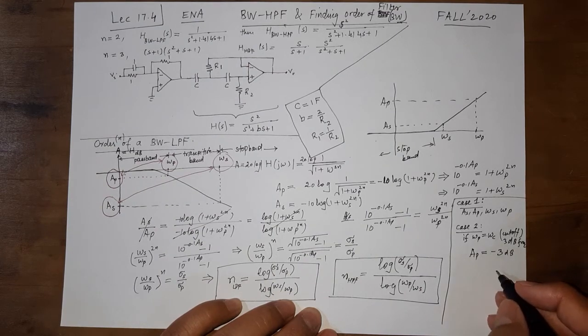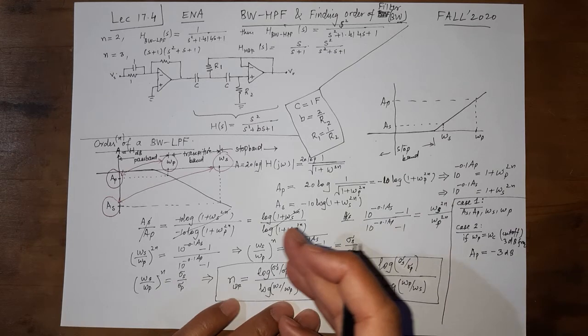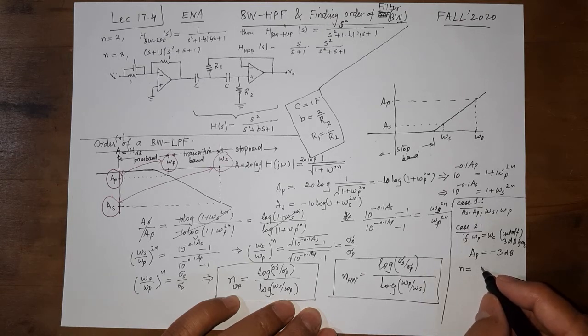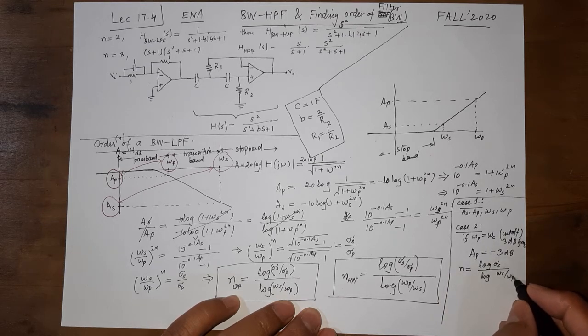So building on this, we can simplify this whole expression, and I just write the end result. You will get this expression: n is equal to log of sigma s divided by log of omega s over omega p.